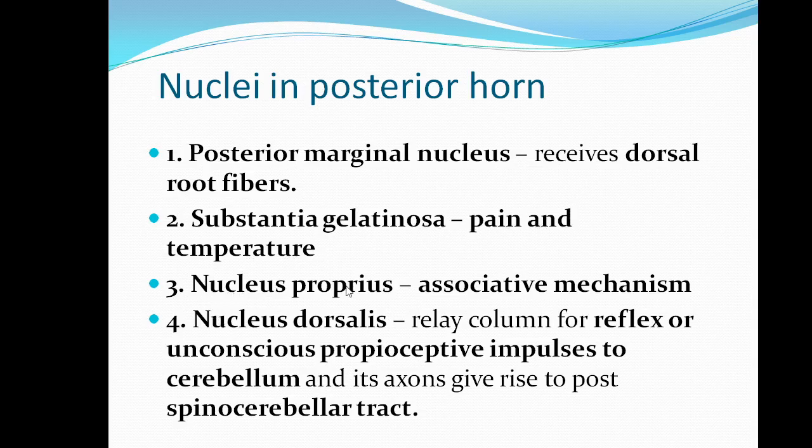The nucleus proprius is associative. The nucleus dorsalis is a relay column for reflex or unconscious proprioceptive impulses to the cerebellum, and its axons give rise to the posterior spinocerebellar tract.